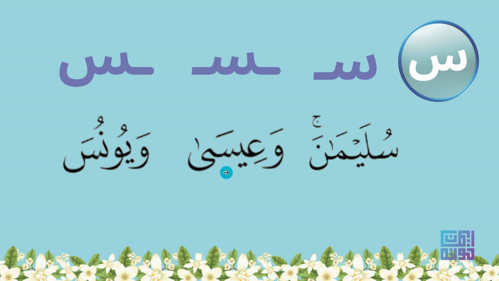And here, this is how it looks like when it is in the middle of the word. These are the 3 tooth. Have a look here. This is 1, this is 2, and this is 3.